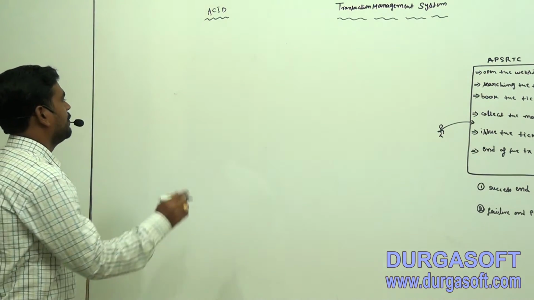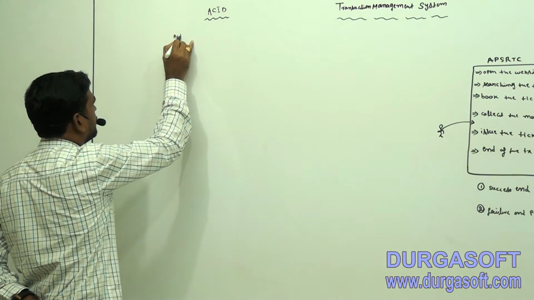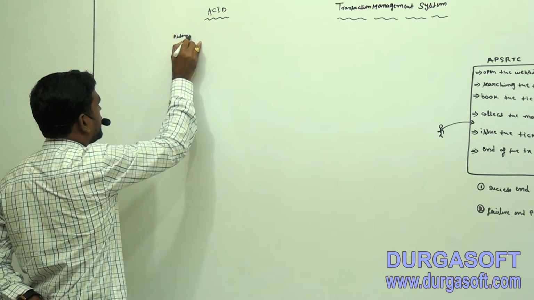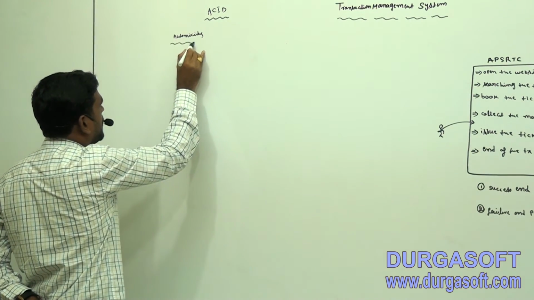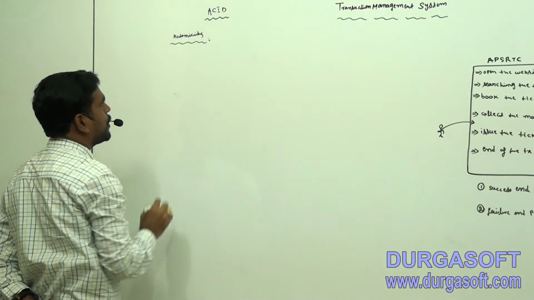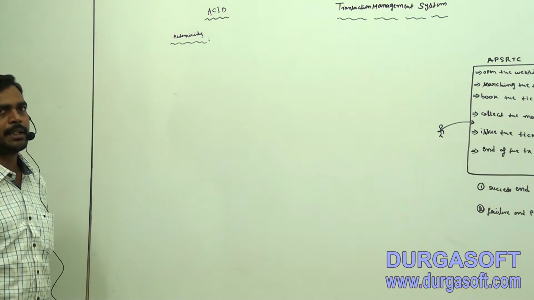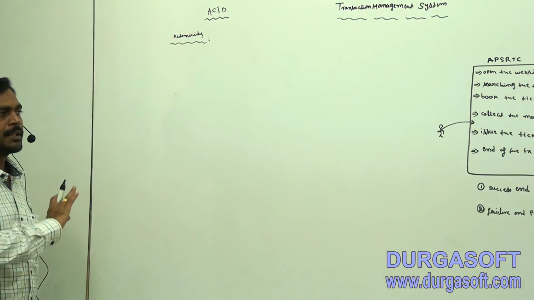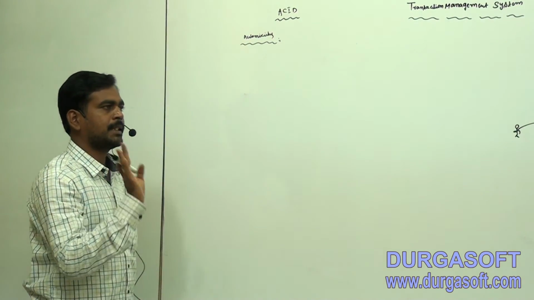Now, A for atomicity. What is this property saying? If all the statements within the transaction are executed successfully, fine. Otherwise, don't execute even a single statement.